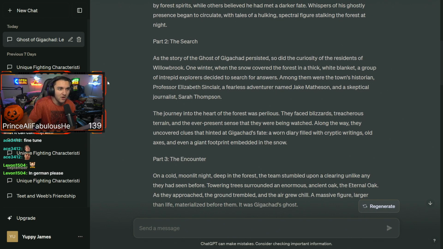The journey into the heart of the forest was perilous. They faced blizzards, treacherous terrain, and the ever present sense that they were being watched. Along the way, they uncovered clues that hinted at GigaChad's fate. A worn diary filled with cryptic writings, old axes, and even a giant footprint embedded in the snow.